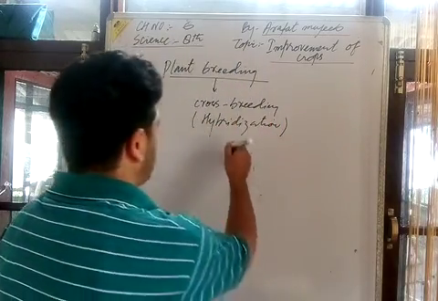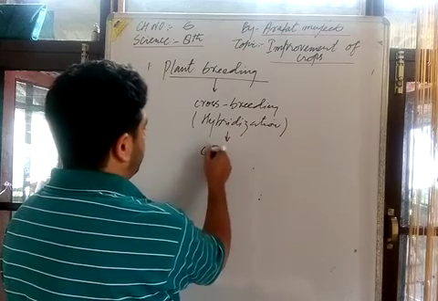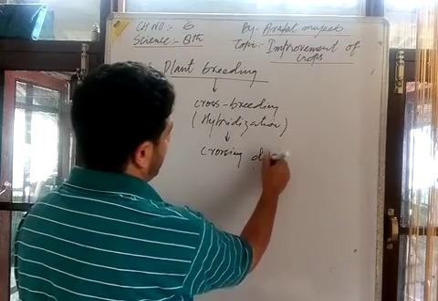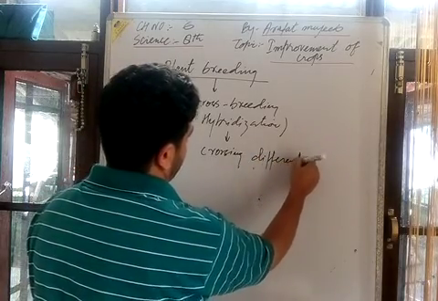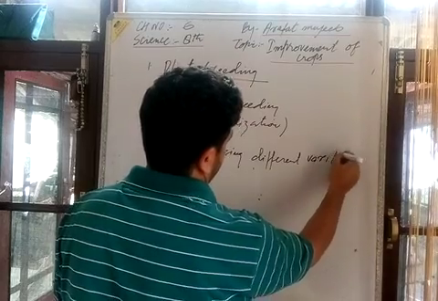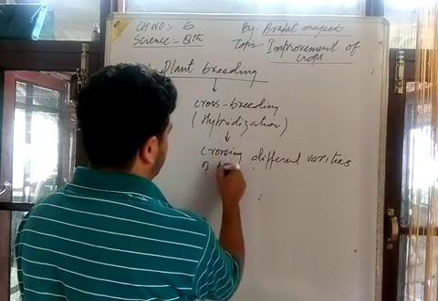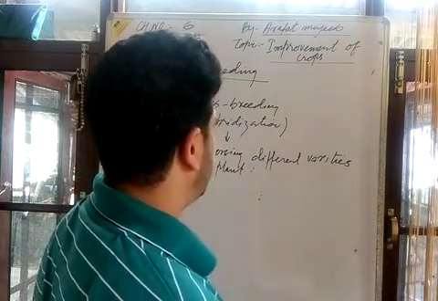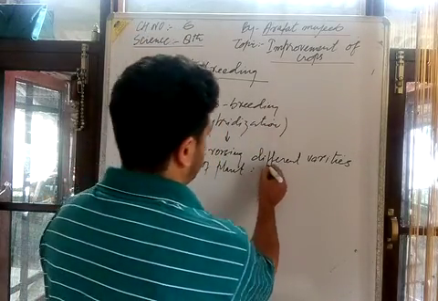In this, crossing different varieties of plants is the concept of hybridization. That means a preference is given.